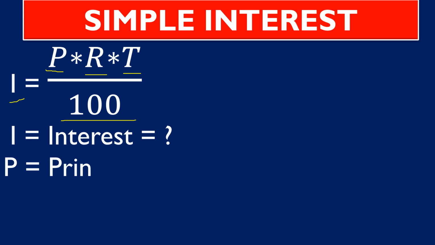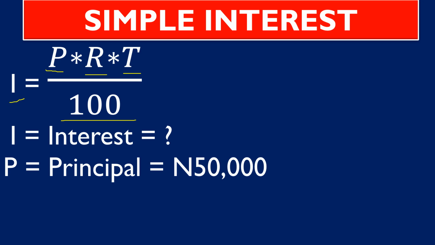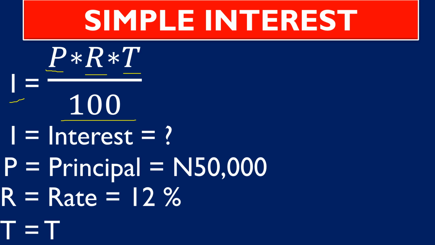Our principal is the amount that Adetola started with, and Adetola started with 50,000 naira to invest in a savings account. And the interest rate per annum in the bank she invested in is 12%, 12% per annum. Now, what is the duration? The duration is the time, and this is expressed in years. She is investing for 5 years.